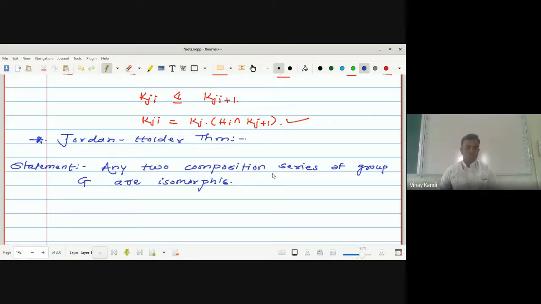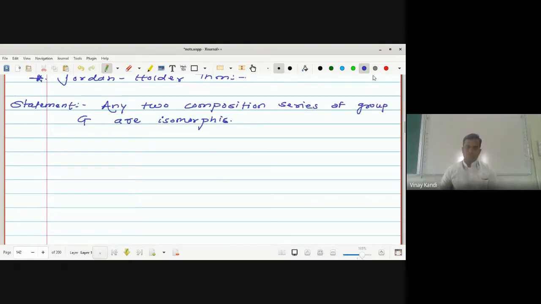So here we have to prove that any two composition series of group G are isomorphic. Okay, now write down the given things first.